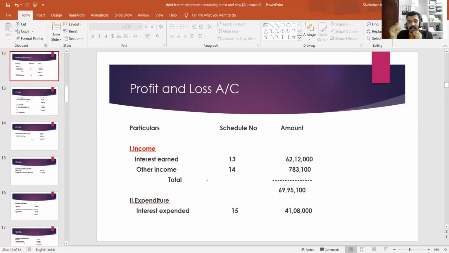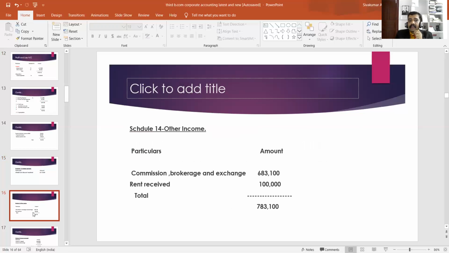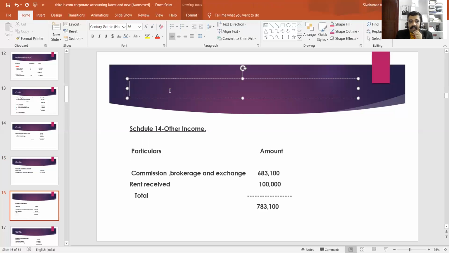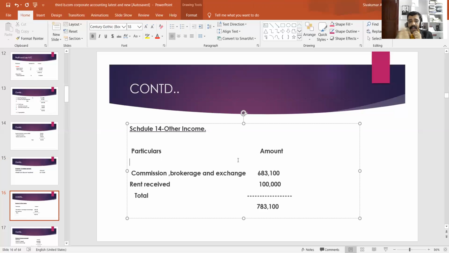Schedule 14. The relevant schedule attached with other income as per the relevant provisions of the Banking Regulation Act is schedule number 14. Then please draw another schedule, that is schedule number 14, other income. Please draw 2 columns, particulars and amount. And what are the other incomes which may come under the heading other income?